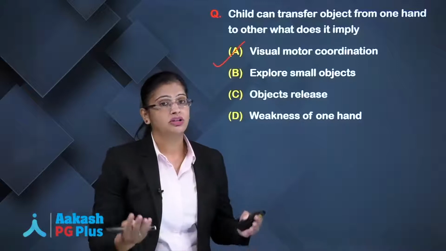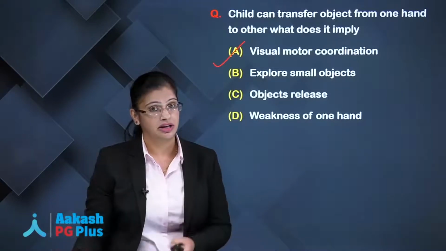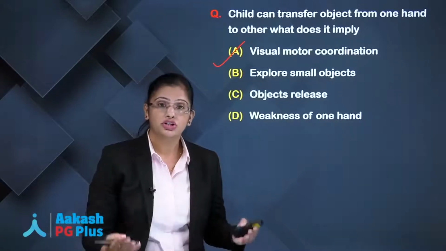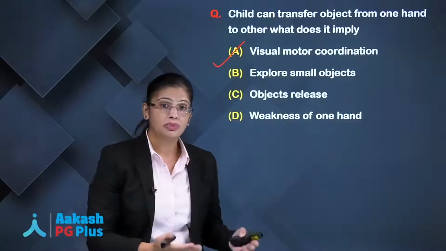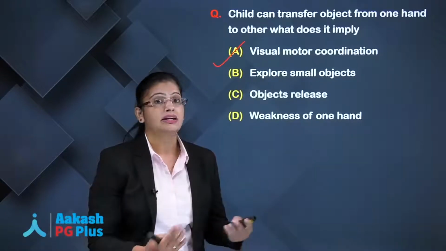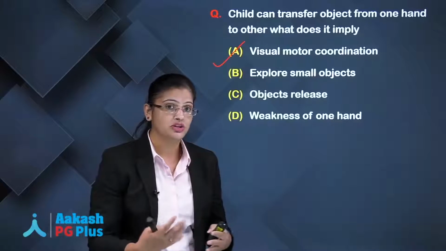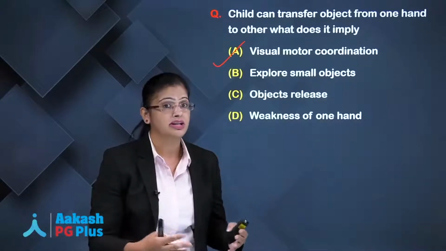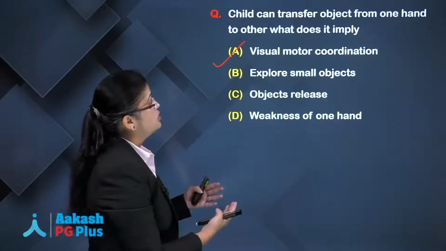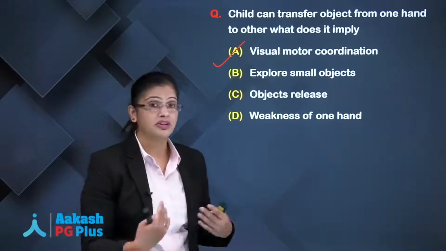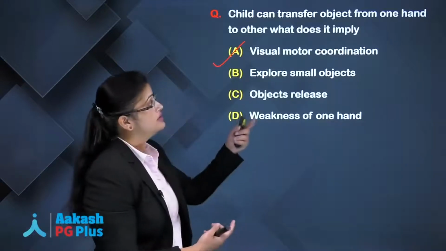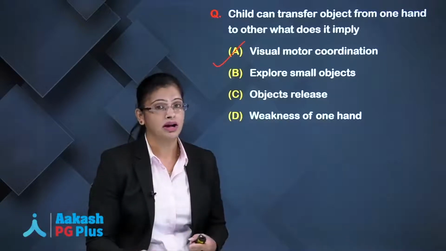I'm sure you would agree that just like attaining different milestones, the vision also improves from birth over a period of time. At around 18 to 20 weeks of age the hand regard appears, and following this there is visual motor coordination, after development of which a child can transfer objects from one hand to another.